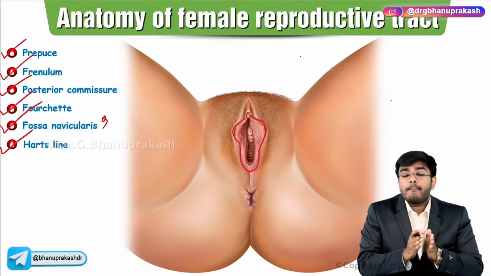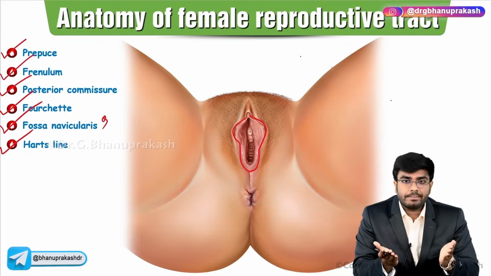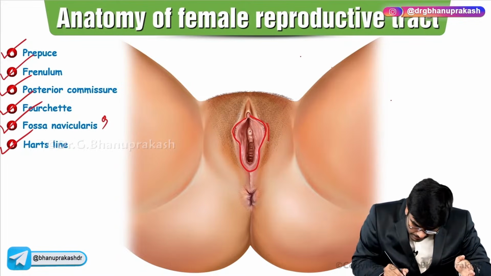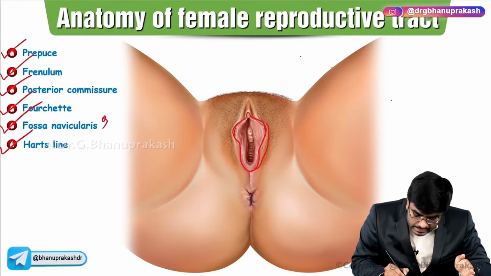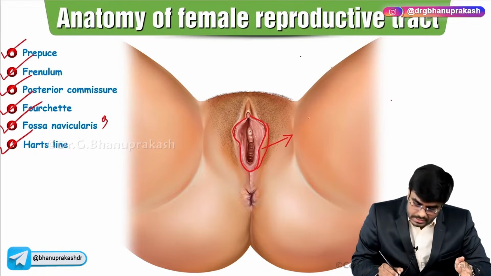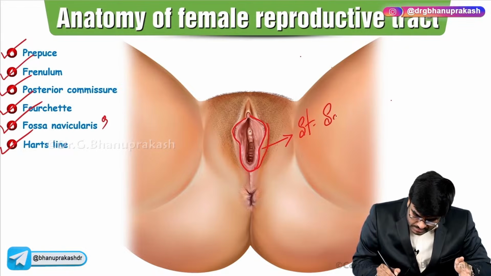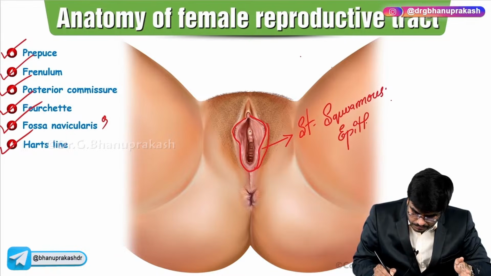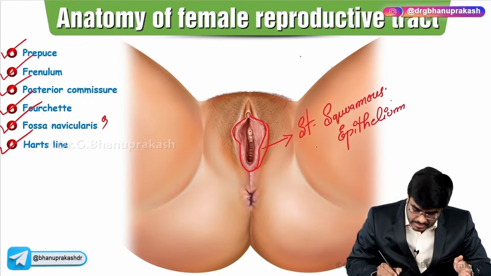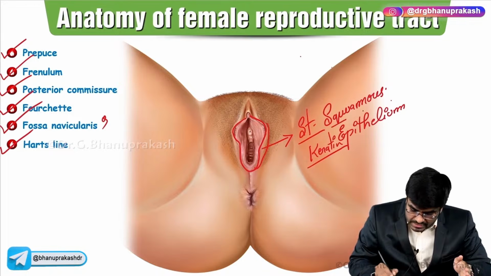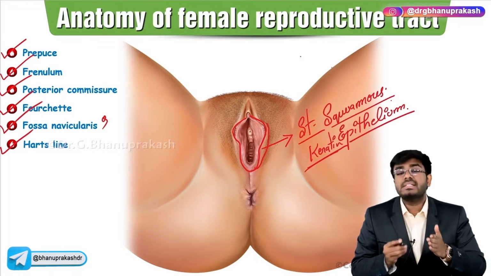The labia minora laterally, for example this part, are lined by stratified squamous keratinized epithelium, which is nothing but the skin.